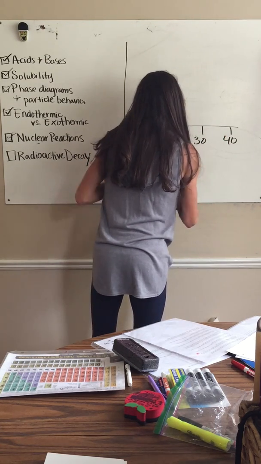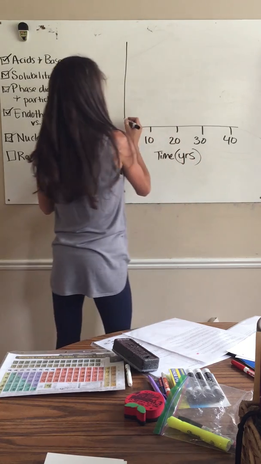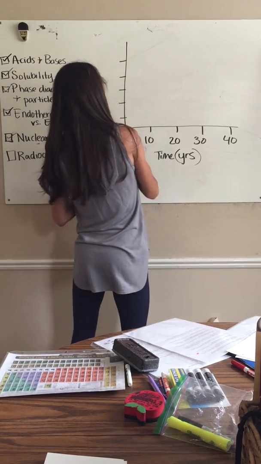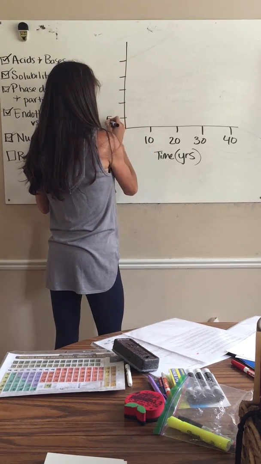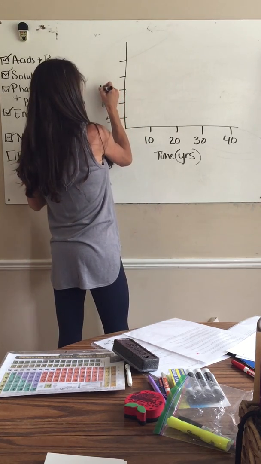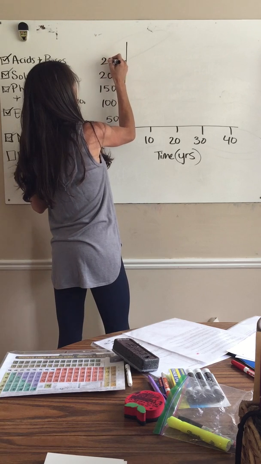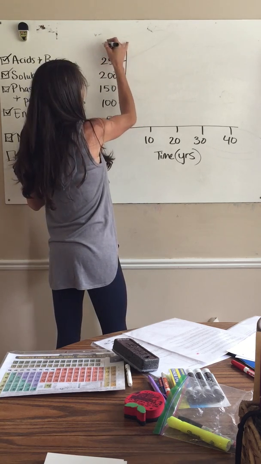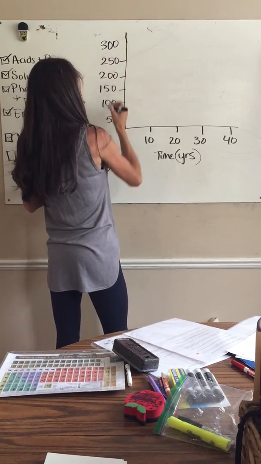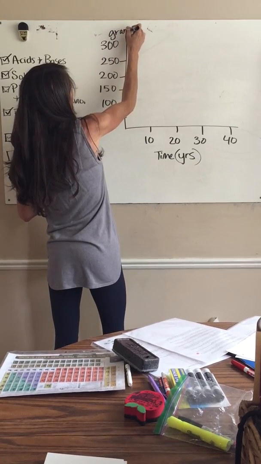So this is going to be a graph that we're looking at for half-lives, and let's just say, okay, we're going to have our amount. So on this graph, this is going to be our, let's say, grams of our isotope, okay?